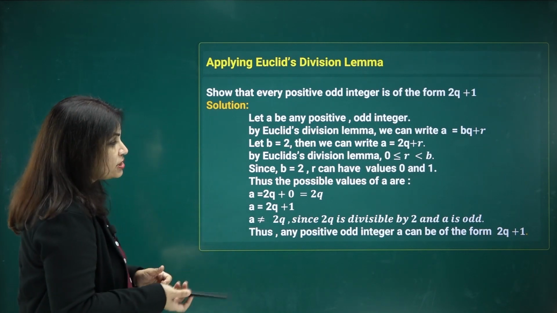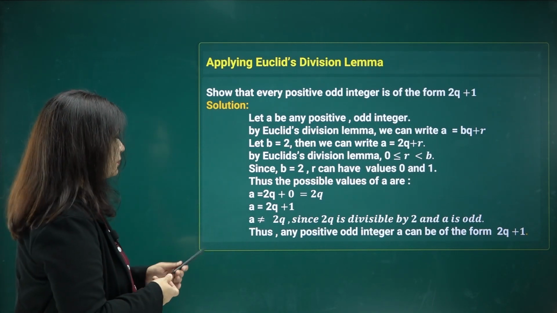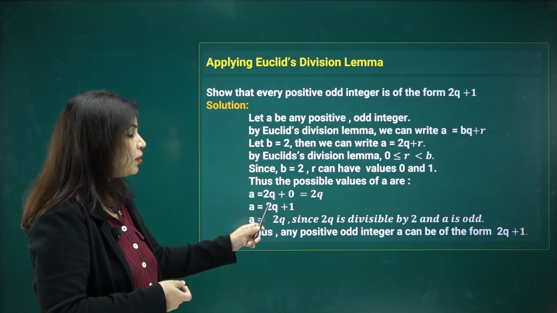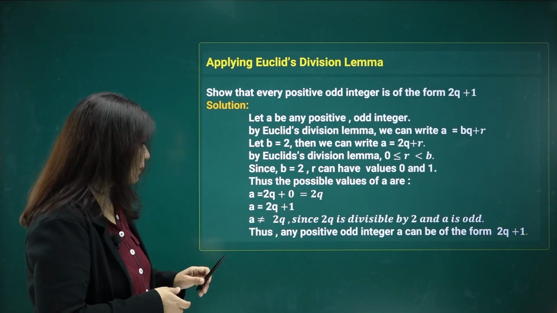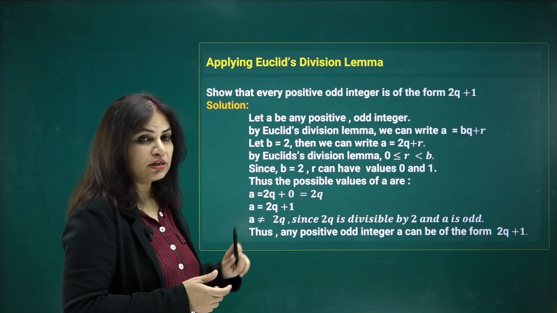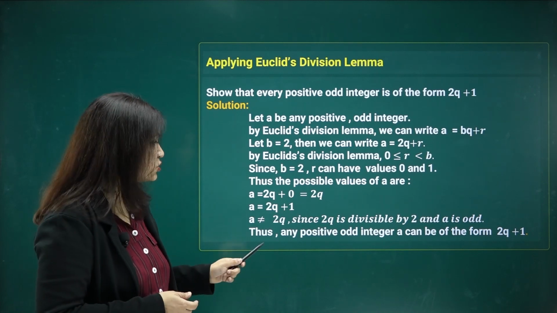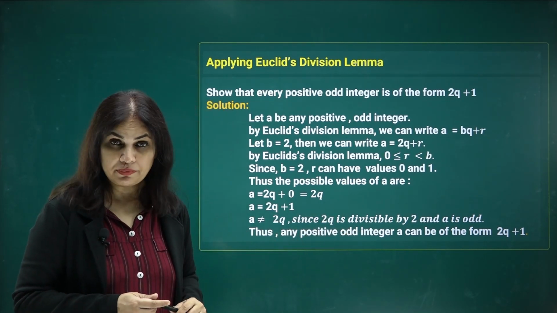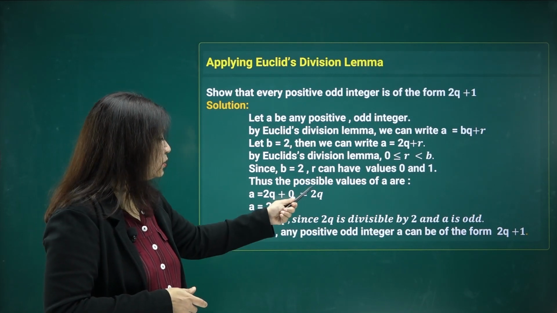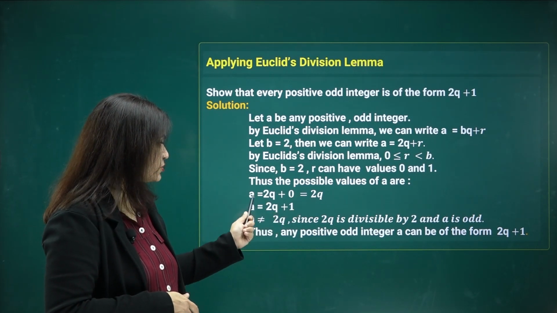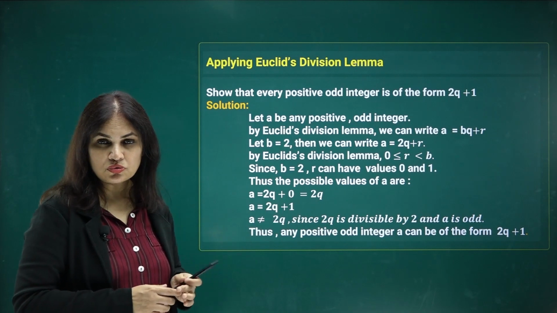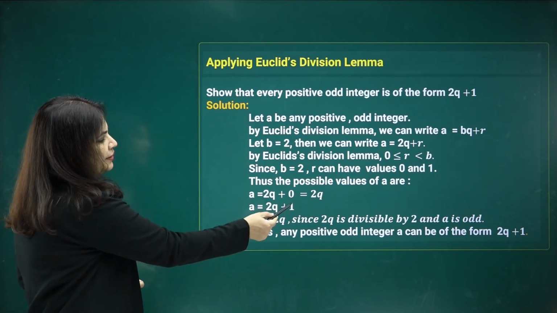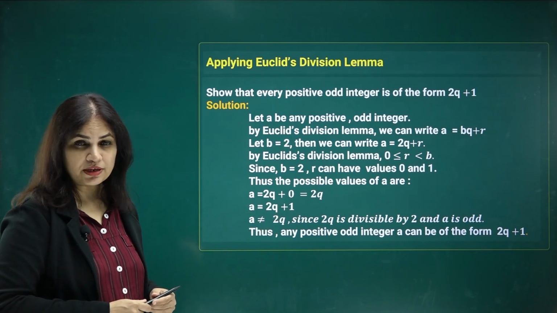So the two possible values of A will be 2q plus 0 or 2q plus 1. A is not equal to 2q since 2q is divisible by 2 and A is an odd number. So we do not take this option, A equal to 2q, we let go of this option, and the other option left is 2q plus 1.